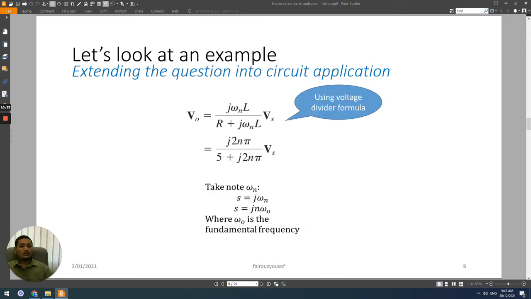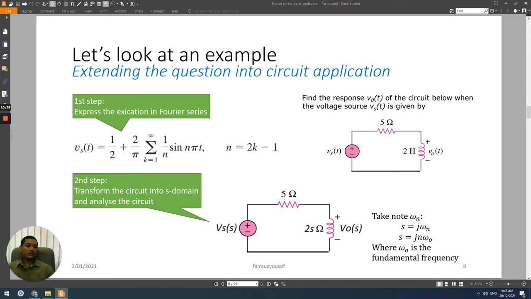So next, the question is we need to find the V out, which is the voltage across the inductor. To get the V out, we can use voltage divider.